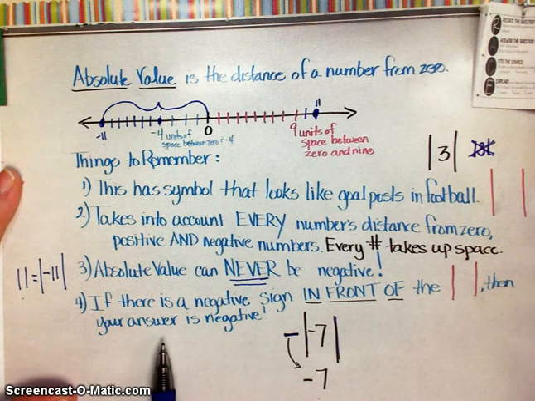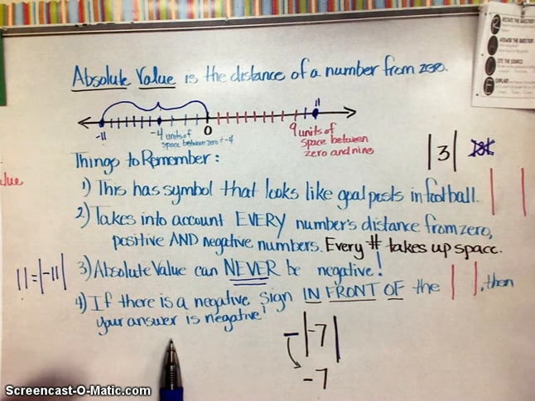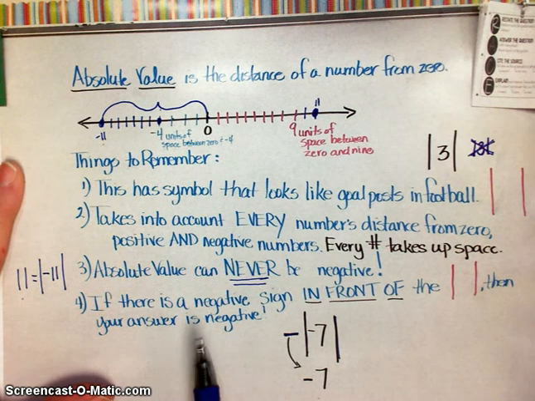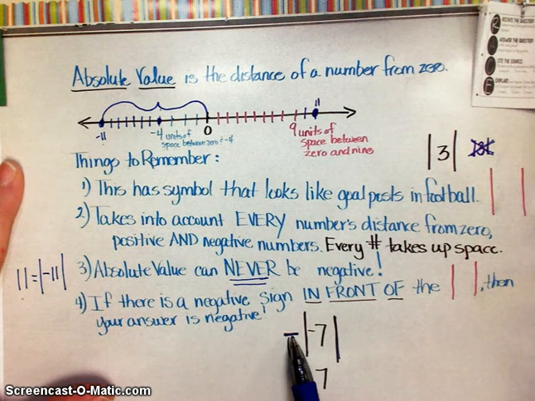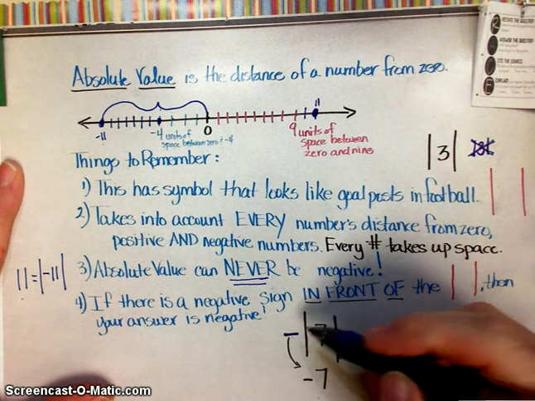The fourth thing is the exception to the rule that I told you sometimes happens in math. The only way your answer can be negative is if there is a negative sign in front of the symbol depicting absolute value.